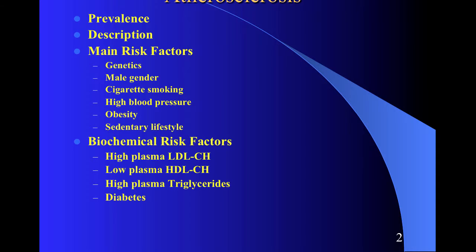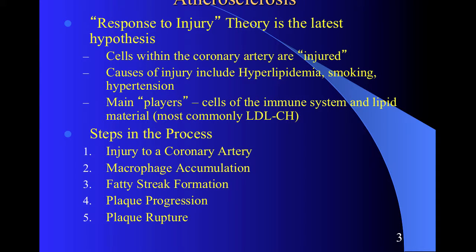Okay, so let's start going through this. The latest theory on atherosclerosis is what's called the response to injury theory. Cells within the coronary artery are injured, and the three most likely causes of injury are hyperlipidemia, which is high blood lipid, most of the time high cholesterol; smoking; and hypertension or high blood pressure.